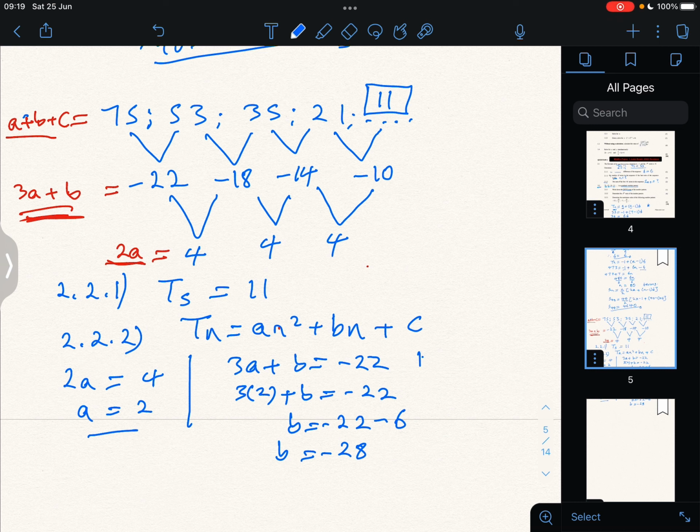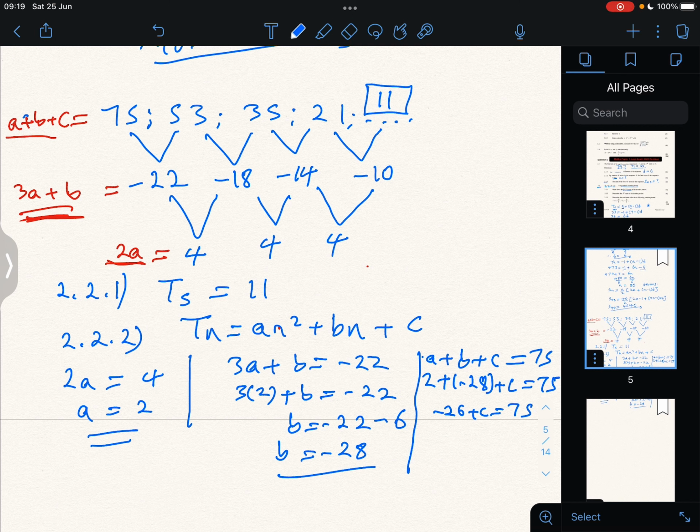And as for the value of c, we're going to say a plus b plus c equals the first term there, 75. The value of a, we know it is 2. The value of b, we know it is negative 28. So 2 plus negative 28 plus c gives us 75. If we simplify this part here, we get 2 minus 28, that's negative 26, plus c equals 75.